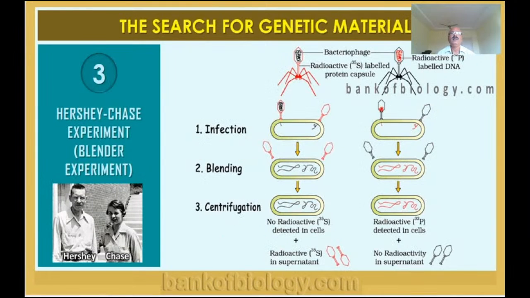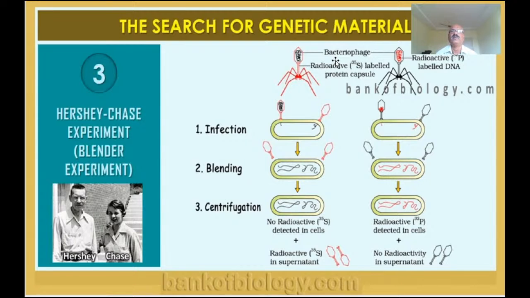The search for genetic material. In this experiment, you see, this is a bacteriophage. Bacteriophage means it is a virus that infects bacteria. That's why it is called a bacteriophage. It is a tadpole-shaped virus.